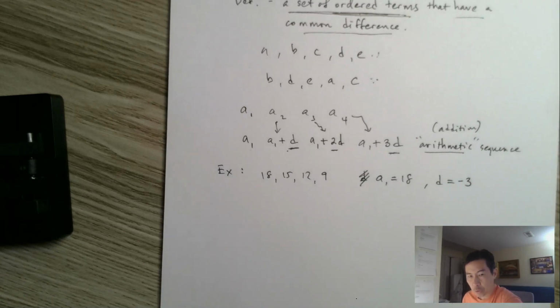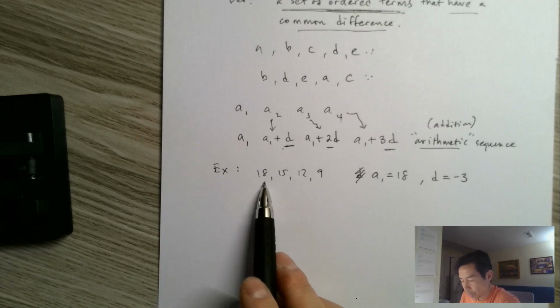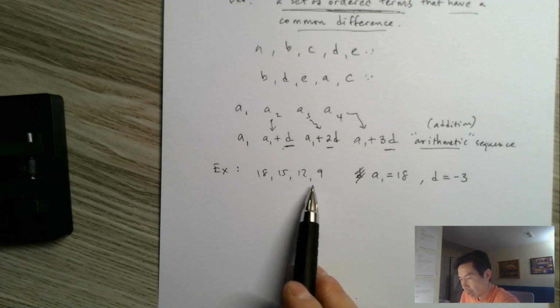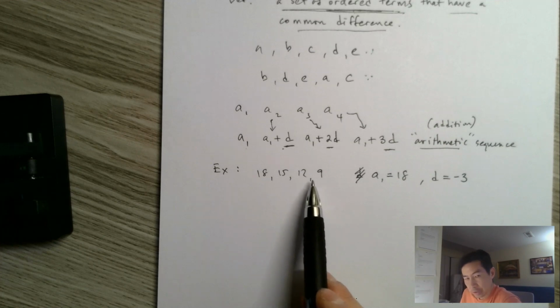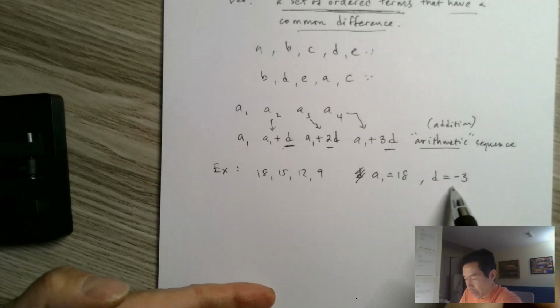The D value is not 3 because we always talk about arithmetic sequences in terms of addition. So I don't want you to think in terms of I'm subtracting 3 to get the next term. I'm adding -3. So my D value is -3.